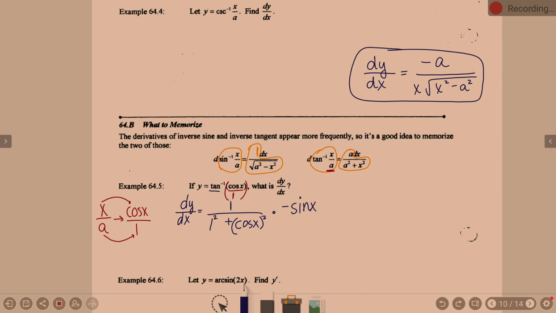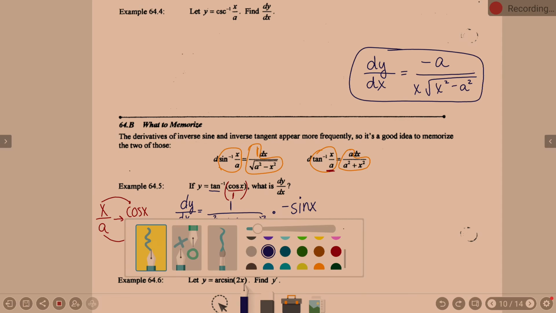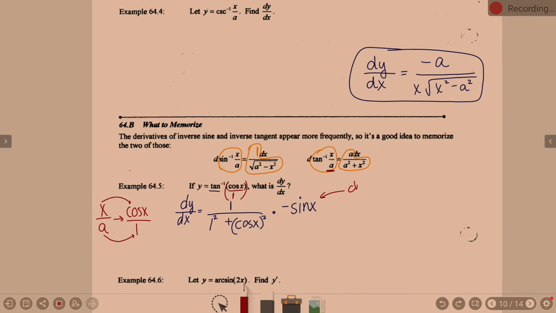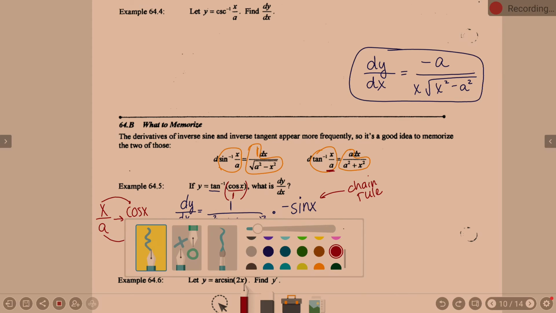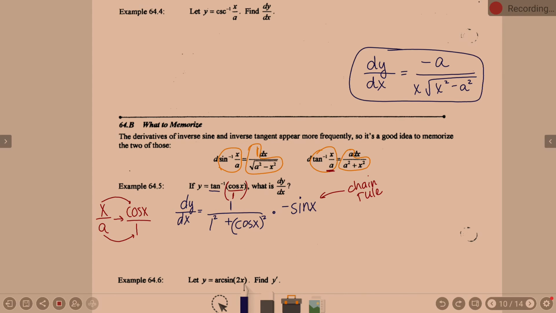Now, to clean this up, here, I was going to write a comment that this negative sine x came from a chain rule. Just as a reminder. To clean this up, there's not really anything we can really do with this. So I'm going to say dy dx.